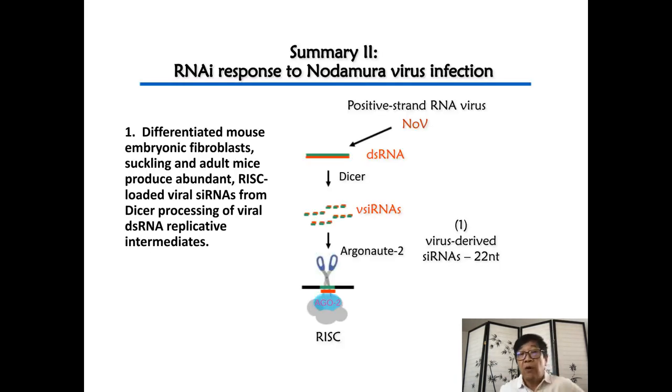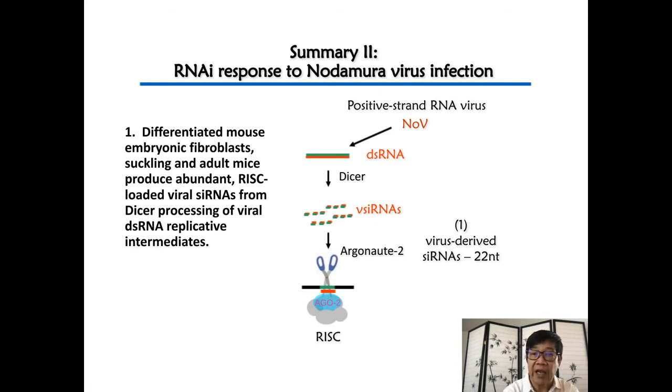And we provided 5 lines of evidence to support induction of antiviral RNAi response by Nodamura viral infection. First, we show that in response to Nodamura viral infection, differentiated mouse embryonic fibroblasts, suckling and adult mice produce abundant RISC-loaded viral siRNA from dicer processing of viral dsRNA replicative intermediate.